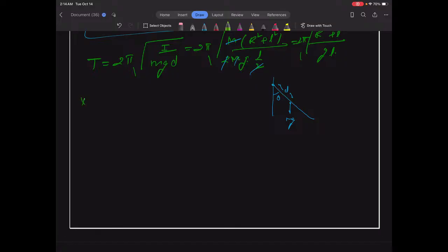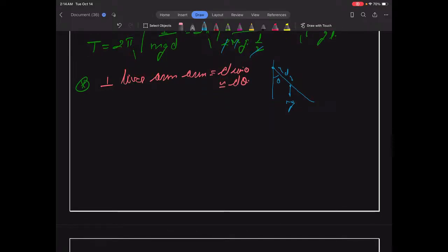So we can say that perpendicular lever arm is our d sine of theta, and with small angle approximation, this gives us that it is equal to d theta. And the torque, which is our tau, because it will be restoring torque, will be coming as minus mg d sine of theta.